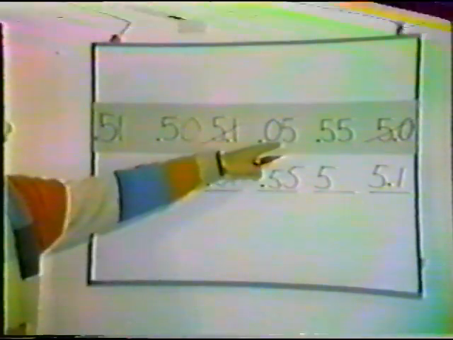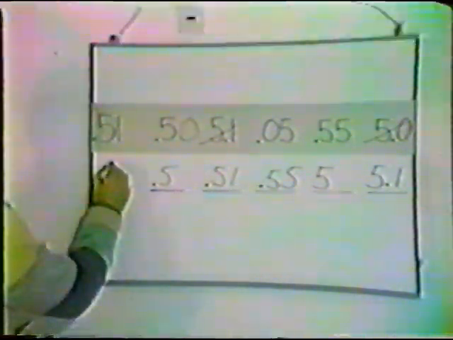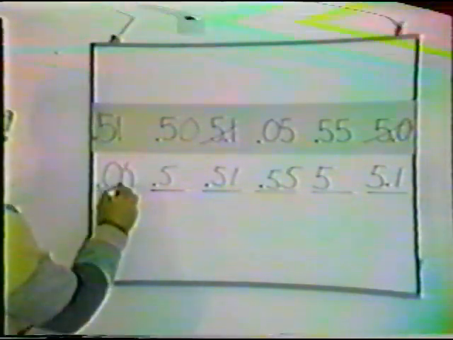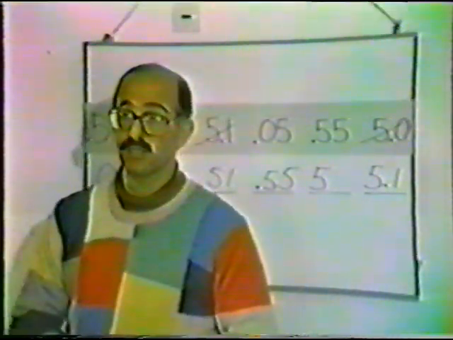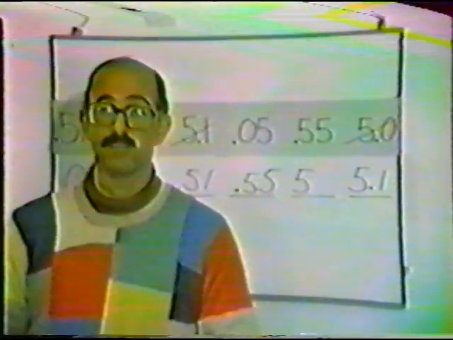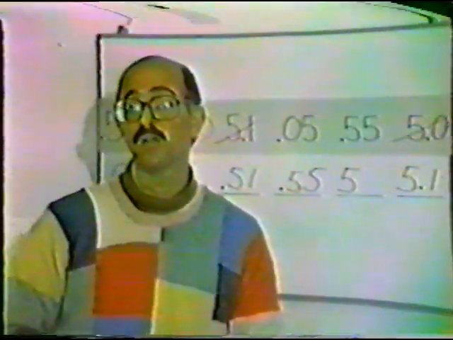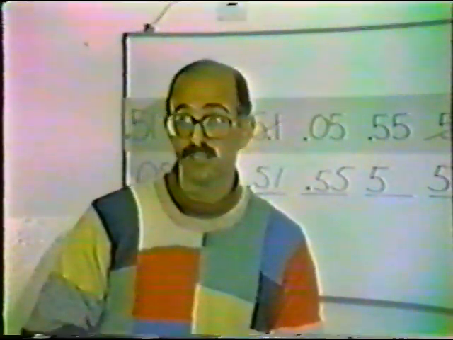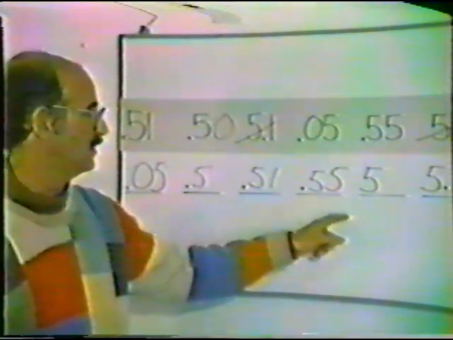And we have only one left, and which one is it? 5 hundredths. 0.05. And now we have succeeded in putting them in order from smallest to largest. We started working with the larger one, which sometimes is easier, and when we finished writing them, we had them in perfect order, smallest to largest.